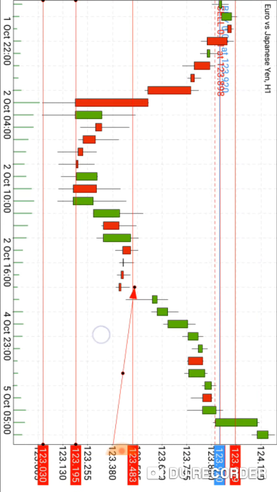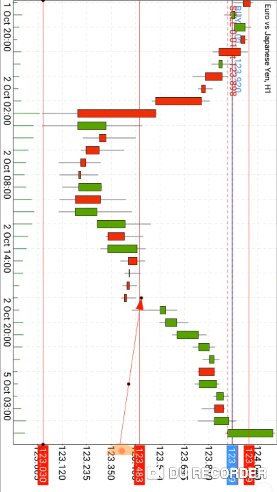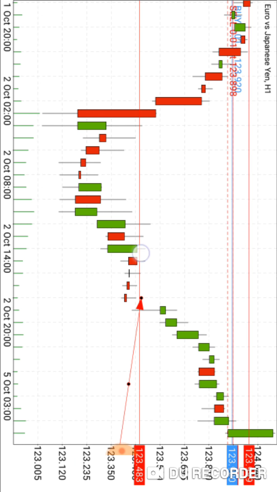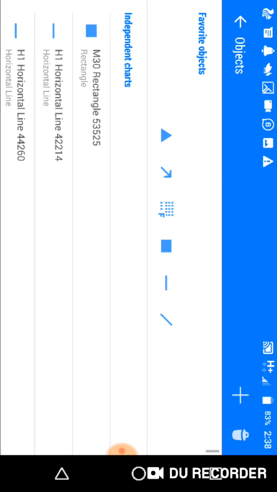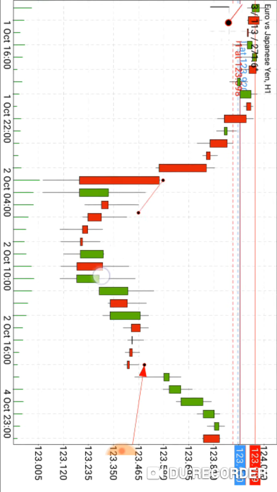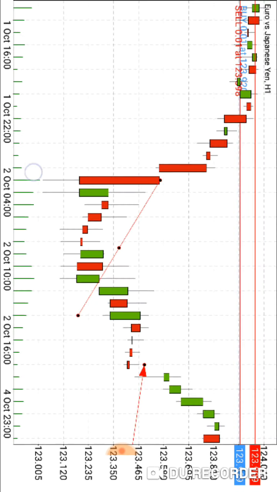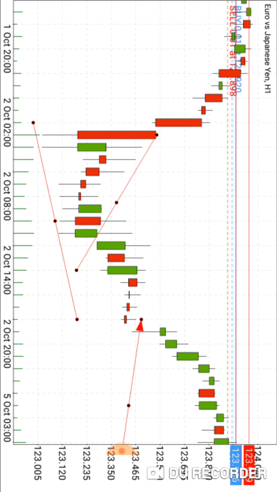But if you want to neglect that, you can call it a failed bearish pin knot. This is a pin knot, and it's a failed one.